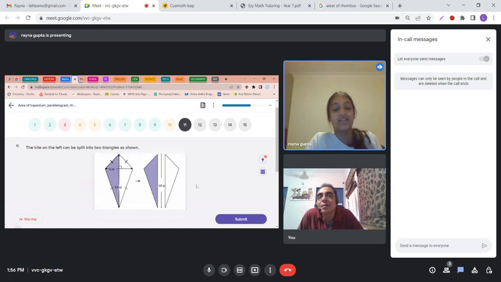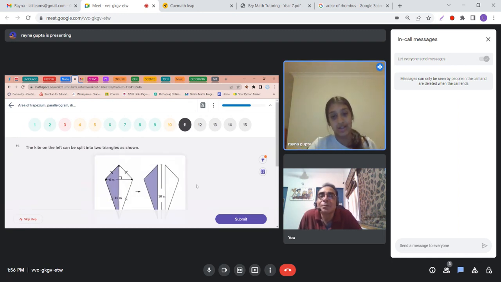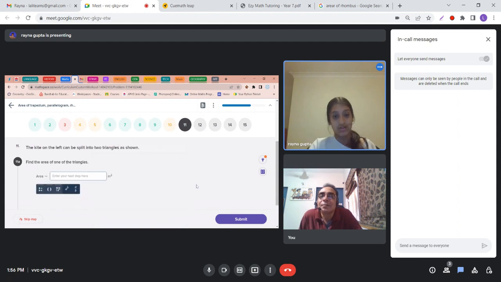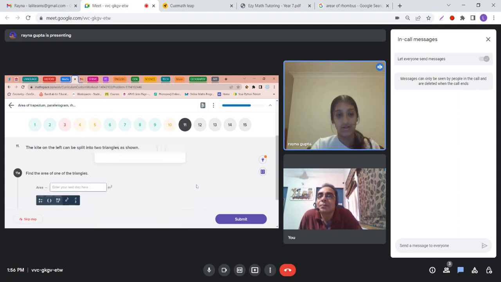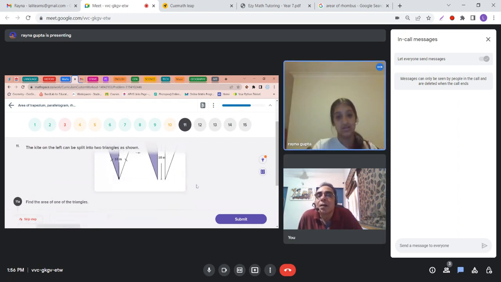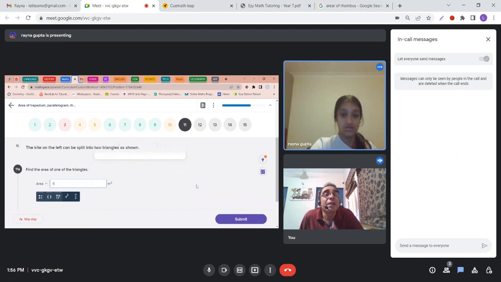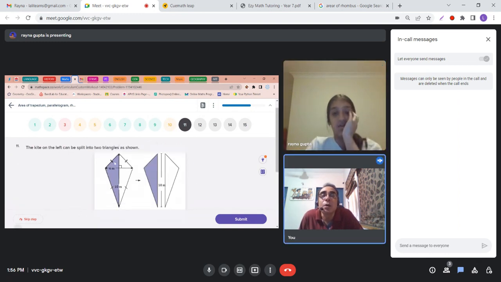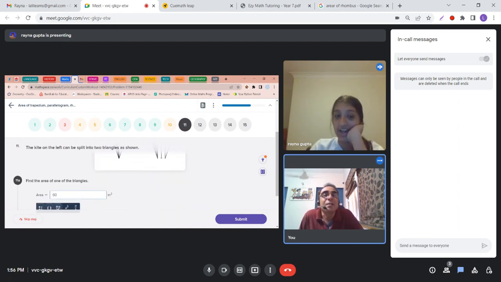Now, the kite on the left can be split into two triangles as shown. Find the area of one of the triangles. It will be 60? 6 is the complete diagonal, check it again. They want you to find the area of a triangle first, or the complete kite? The triangle.